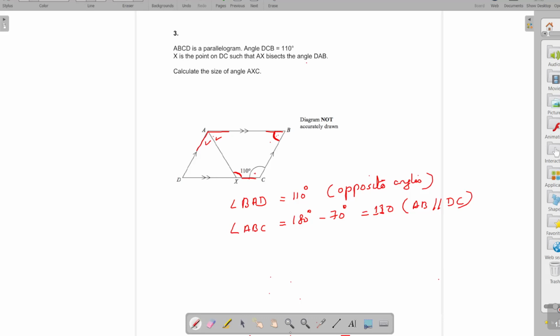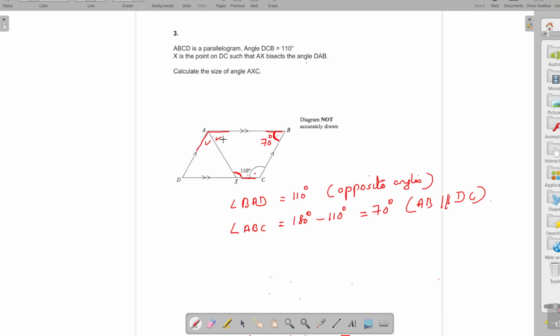So now we know this angle is, let's mark it. Sorry, that should be 70. There's a mistake here. So angle ABC would be 180 take away 110, which is 70. The reason is AB is parallel to DC. So that is 70, that's 110.